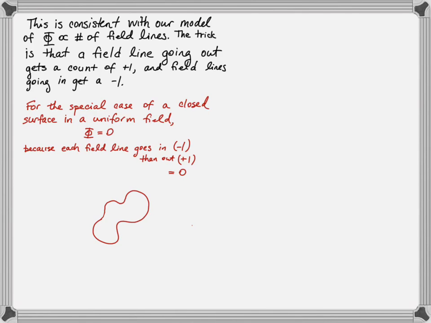So for each line, there's at least one +1 and one -1, and they cancel out so that the total is 0. That's what we saw for the cube, but it turns out it works for even a really funky surface like this one I've drawn here. So even if you imagine that's a solid object, just consider 2 of our E field lines that I drew earlier. There's a point where it goes into the surface, so that gets a -1 count. There's a point where it goes out of the surface, so that gets a +1 count.